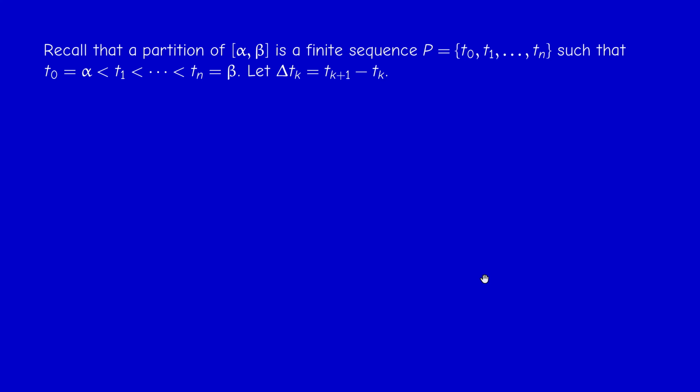And we denote by delta Tk the difference between two consecutive terms of the partition, right? And the norm of the partition is the maximum of these delta Tks, right? So in the process of taking limits, we will let the norm of P tend to 0. Okay, so this means that the partition becomes finer and finer. You can call this the step size of the partition, if you like.